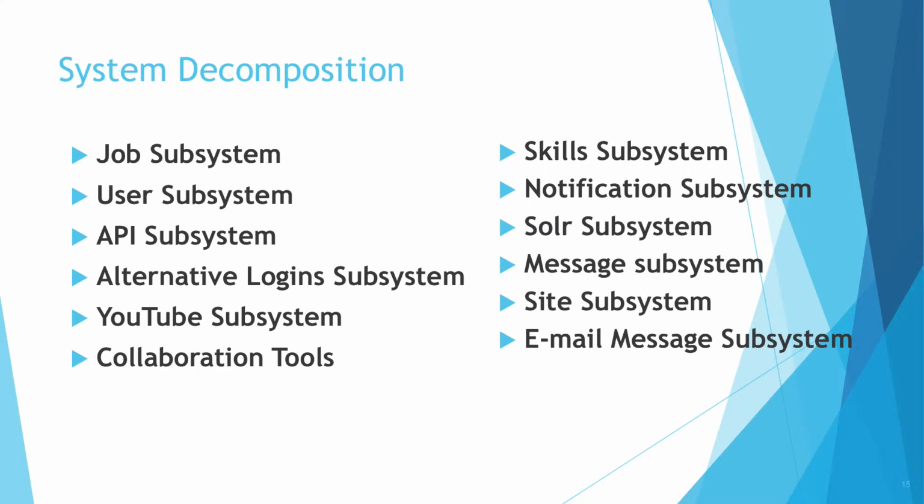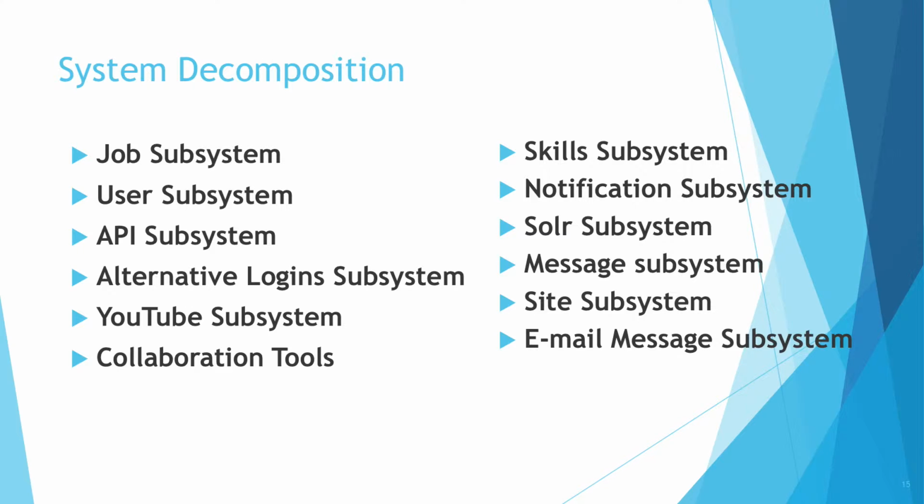System decomposition. These are all the subsystems in our current system. So we have the job subsystem, which handles everything related to jobs. We have the user, which handles everything related to profile, the actual users, their category as a user.